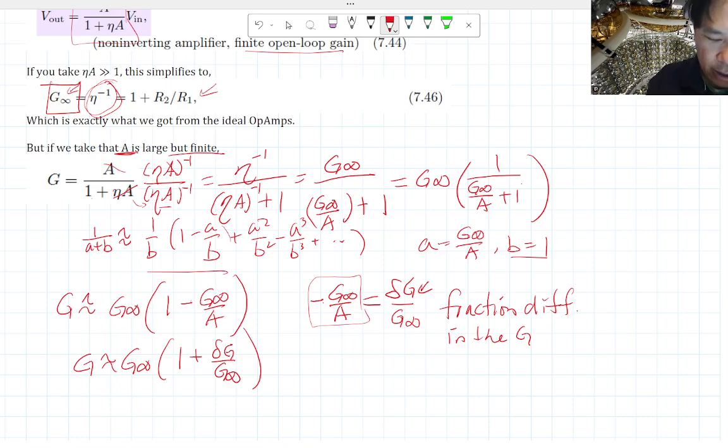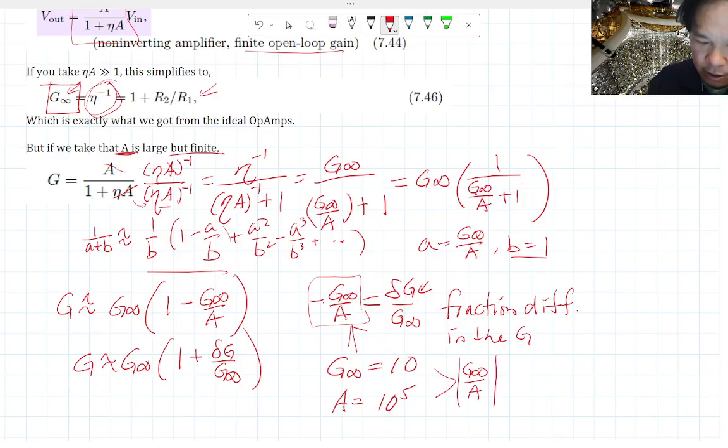So for example, if you have an amplifier where the gain of the idealized amplifier is equal to 10, and let's say I have an op amp where the open loop gain is 10 to the 5, the ratio between these two, g infinity over A, let's just take the absolute value of it, is about 10 to the minus 4, okay?